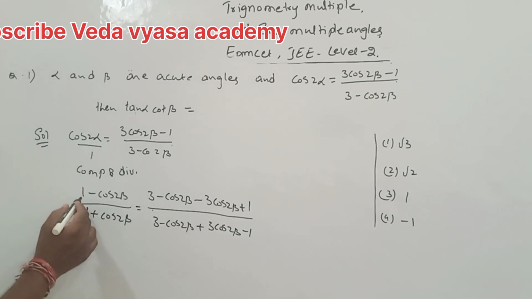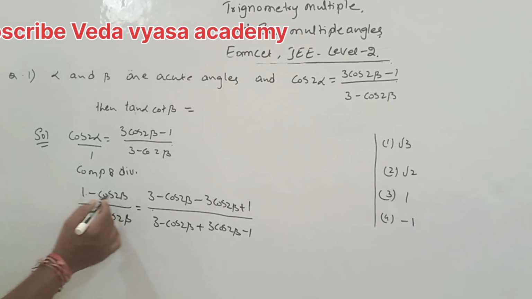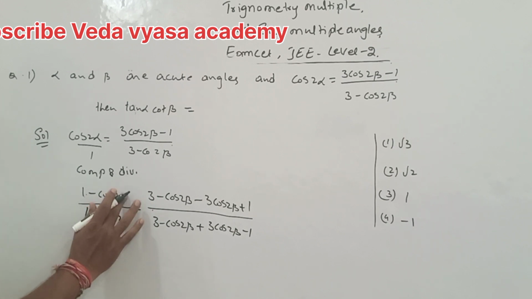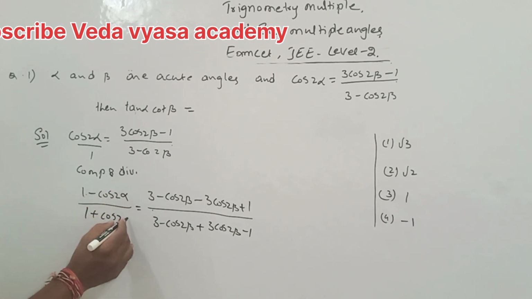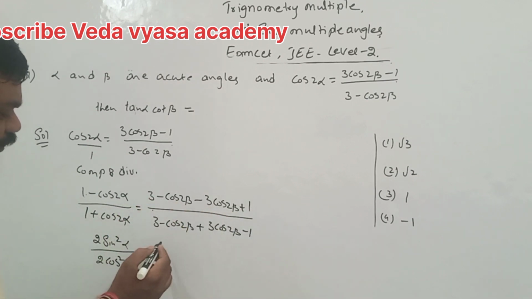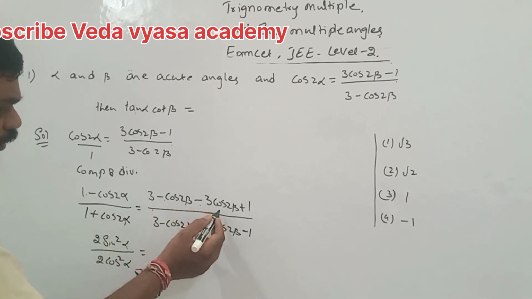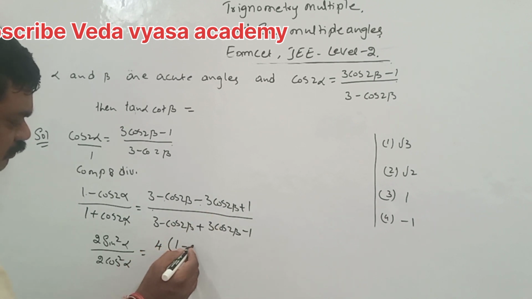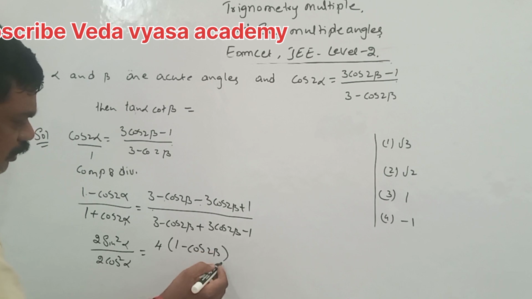So here 1 minus cos 2 alpha gives 2 sin square alpha, and 1 plus cos 2 alpha gives 2 cos square alpha, which is equal to, in the numerator, 3 plus 1, 4, minus 4 cos 2 beta. This is 4 common: 1 minus cos 2 beta.